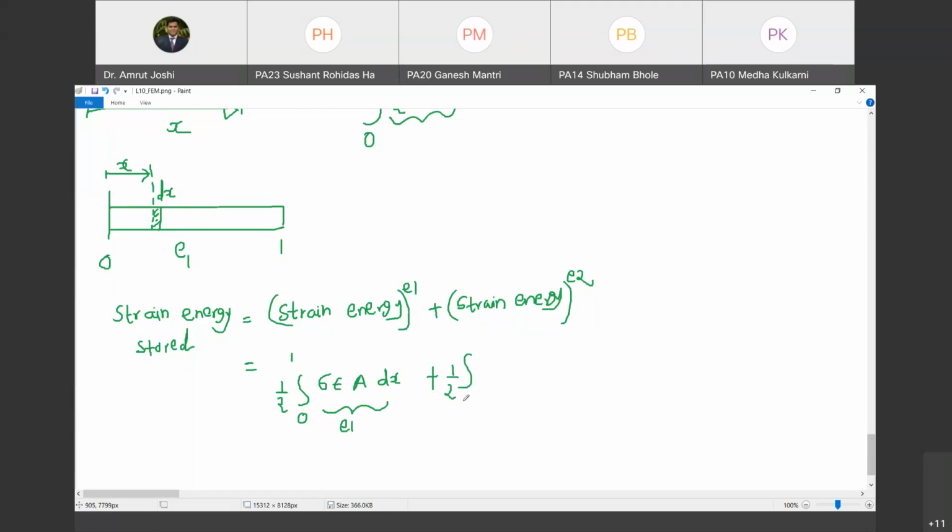For second element, the limits are going to change. It is 1 to 3, sigma, epsilon, A, dx. This is for element number 2 that you have to understand. Do you agree with me? Have you understood the expression for total strain energy stored in the deformed configuration of this bar? Please type your response in chat box.